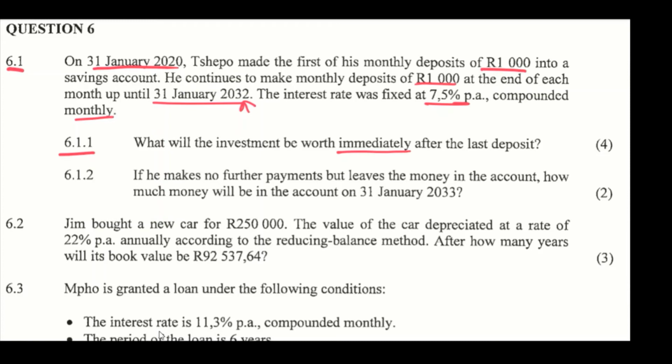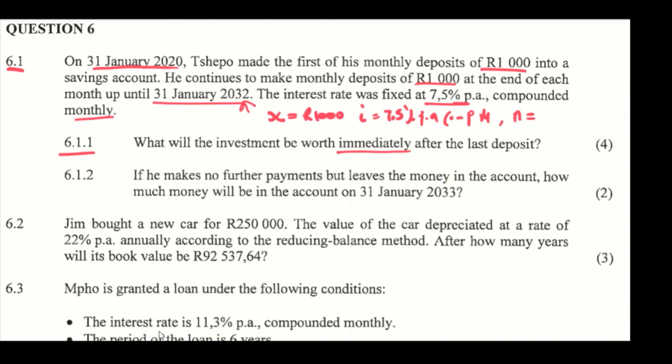This is critical. The one thing that we have here is that the investment is 1,000 Rand, and the interest rate is 7.5% per annum compounded monthly.